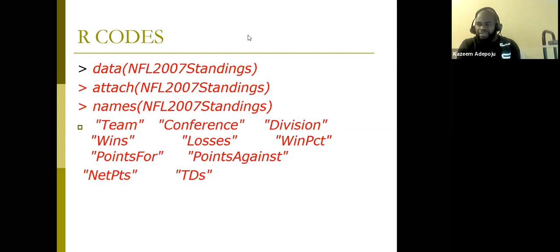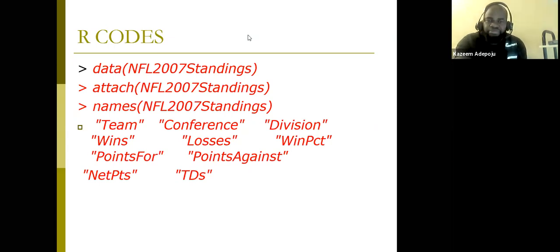Now take a look at what I have right now. If you take a look at the variables in this data, we have team, we have conference, because of course there are different conferences in the United States. In terms of football league, they have division, then wins, losses, win percentage, points for, points against, net points, and so on.